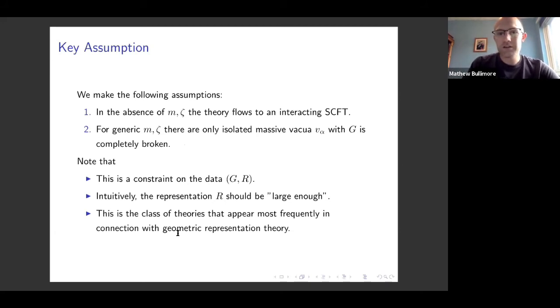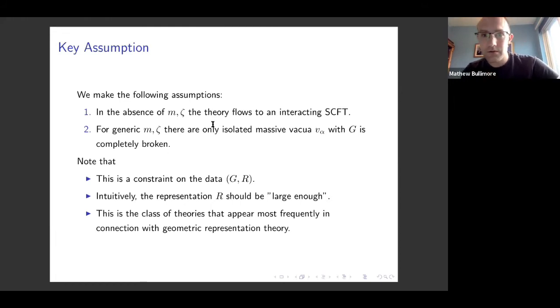And this class of theories are the ones that are most frequently studied in connection with representation theory, or at least the connection with representation theory is the simplest to describe. So here are the assumptions. The first is that if I turn off these mass parameters, the mass and the Fi's, the theory flows to an interacting superconformal fixed point. That's not going to be too important for what I want to say today.